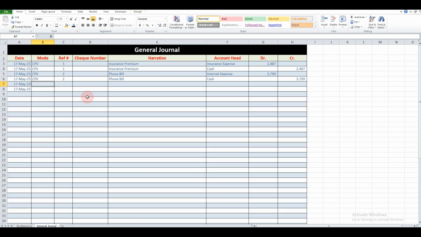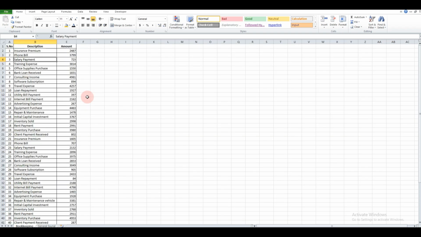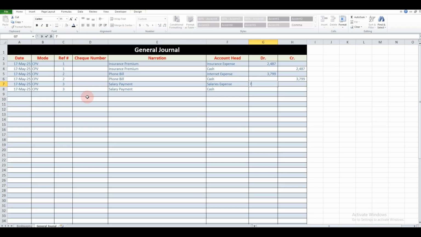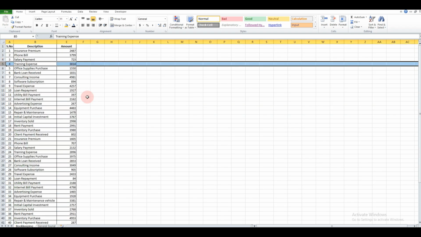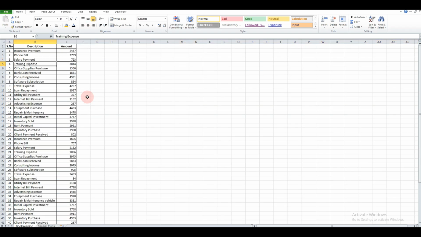And the third entry, it's a salary payment. If we paid the salary, it's a salaries expense, salaries expense debit, cash credit, 723. And the fourth entry is training expense.